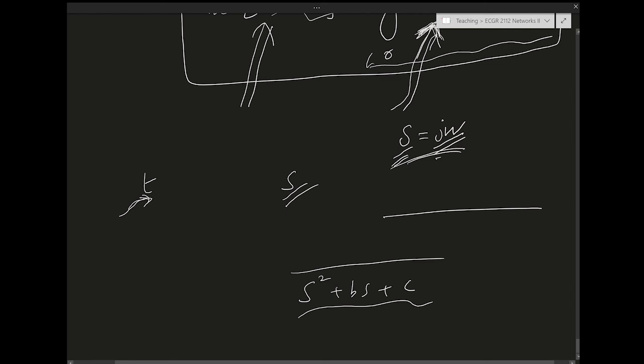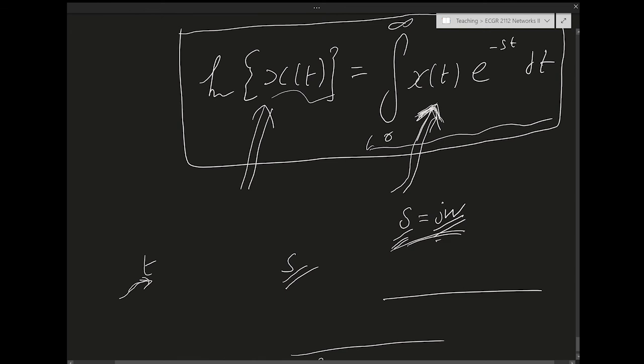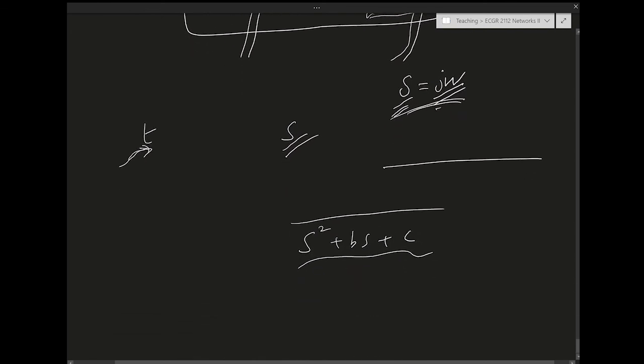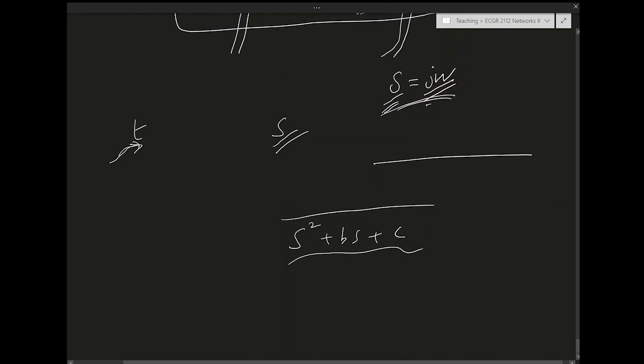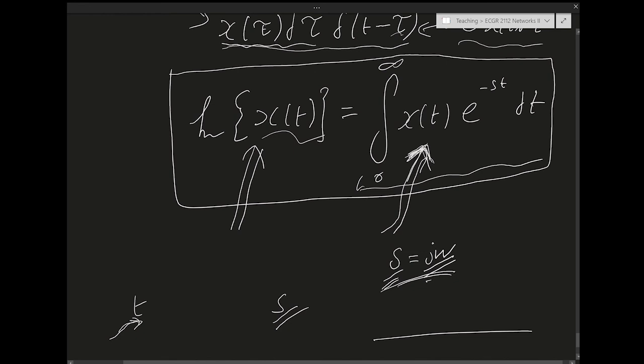Okay, so we will discuss this further. I think the only thing we need to discuss after this is the initial and final value theorems. And we could derive those theorems easily from the integral formulation of the Laplace transform.